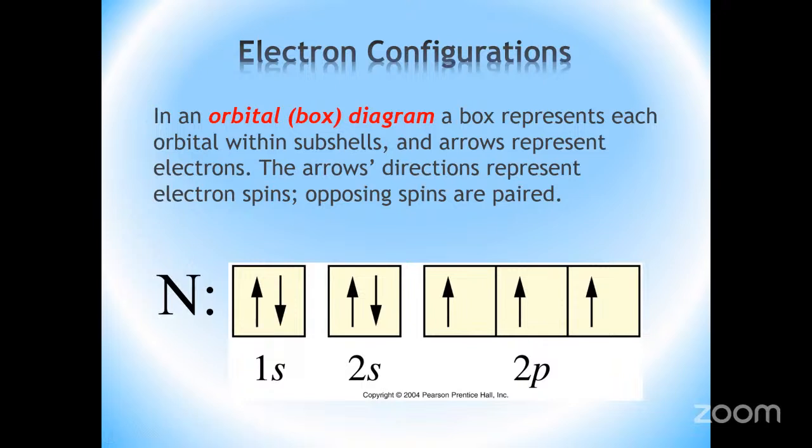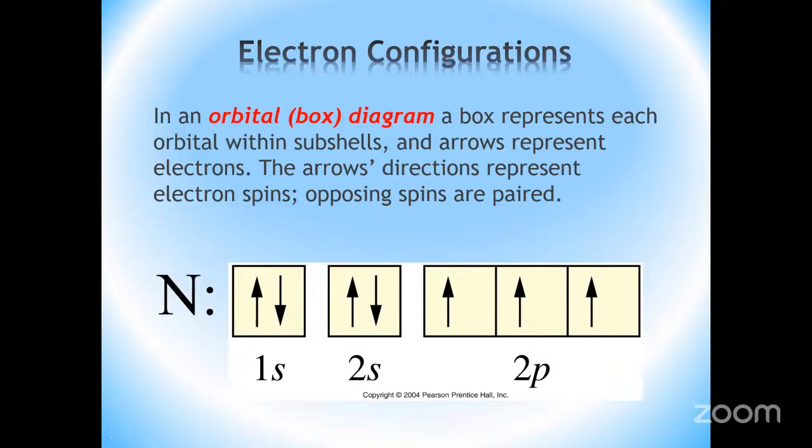Remember, electrons can only have 2 spin quantum numbers, plus half or minus half, all right? The accepted convention is that the arrow pointing up represents the electron with a spin quantum number of plus half, and the arrow pointing down represents the electron with a spin quantum number of minus half, right?